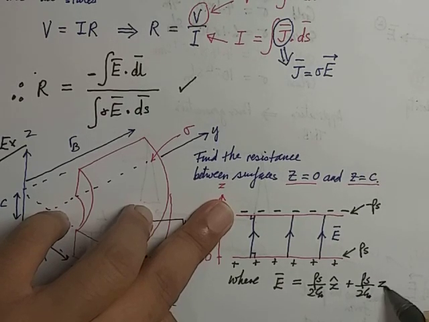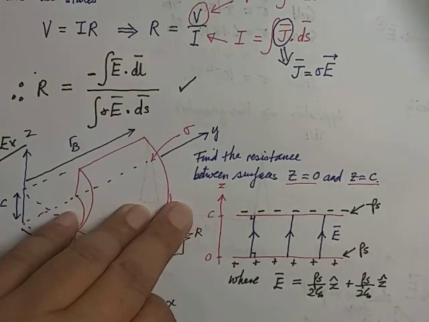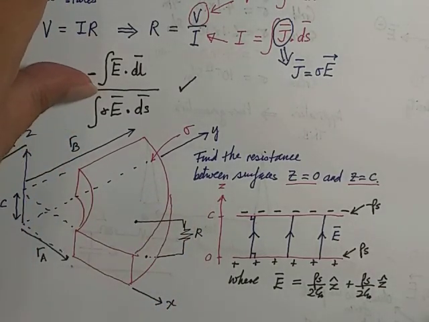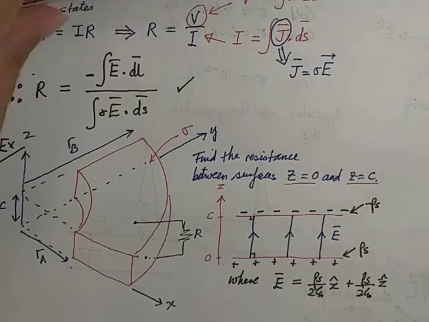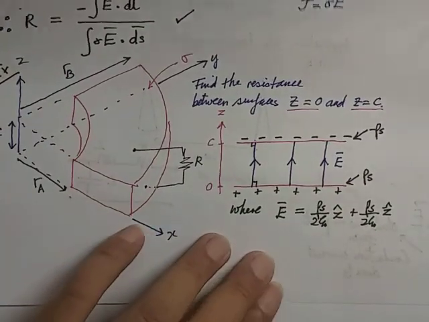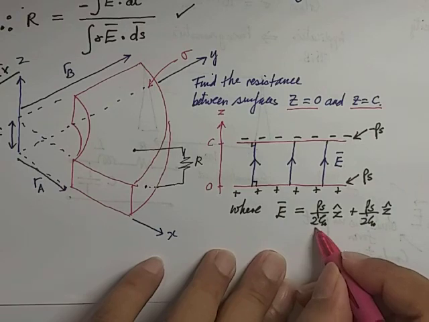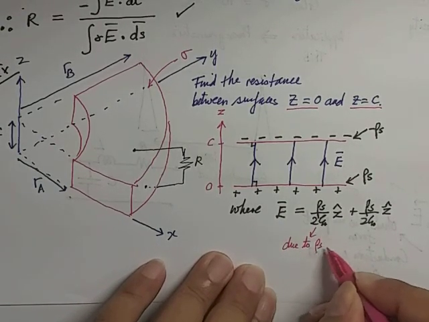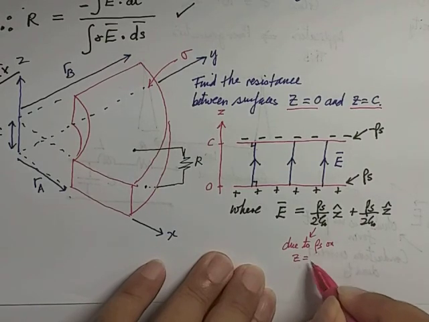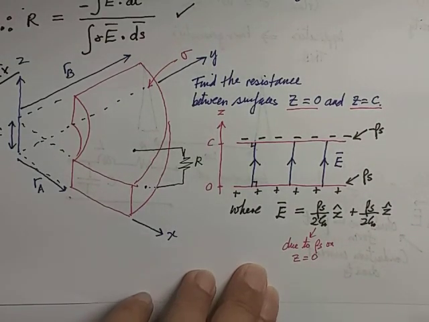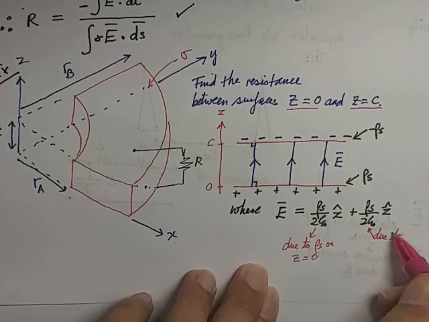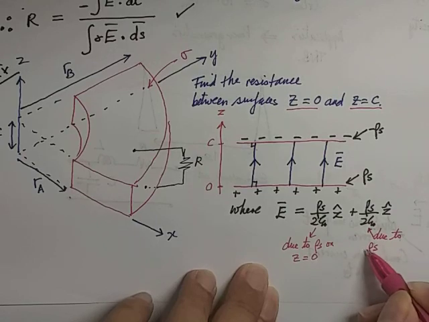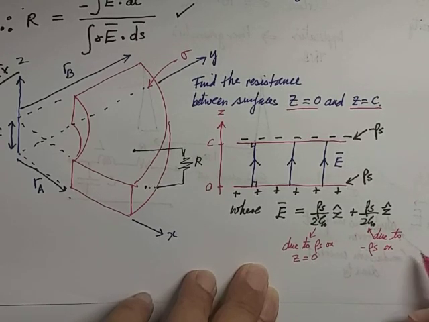So I'm going to write a note here so that you can see the logical explanation of my suggestion. I'm saying the first term is due to rho s on the z equal to 0 plane, and the second term is due to negative rho s on the z equal to c plane.